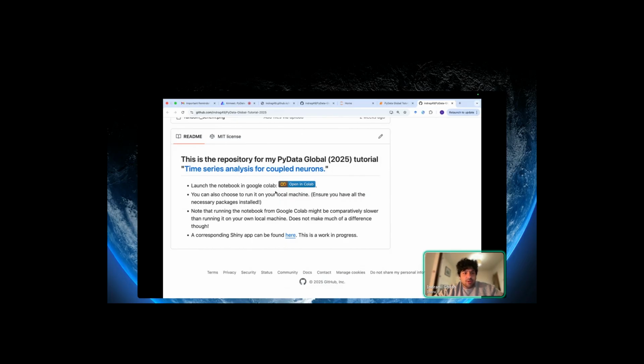I don't know why, so I removed the Binder link, but I have a Google Colab link as well. If you want to run it on your local machine, go for it. I think running on your local machine is easier, but in that case, you need to download the extra package nodes. I'll show that to you. But you can also run it in Colab.